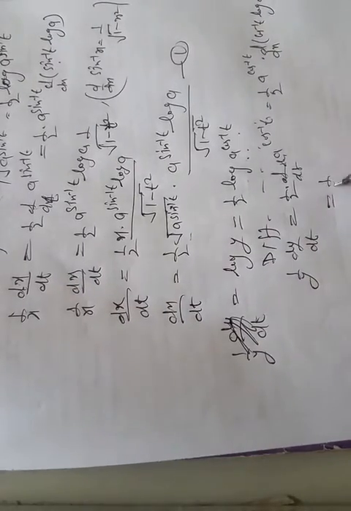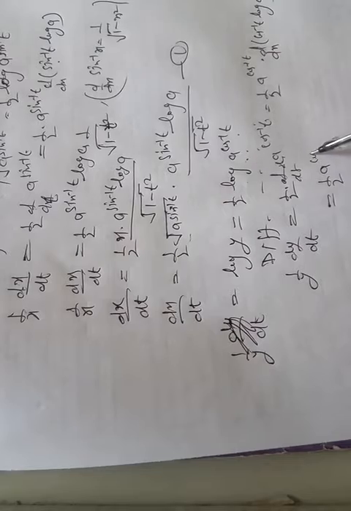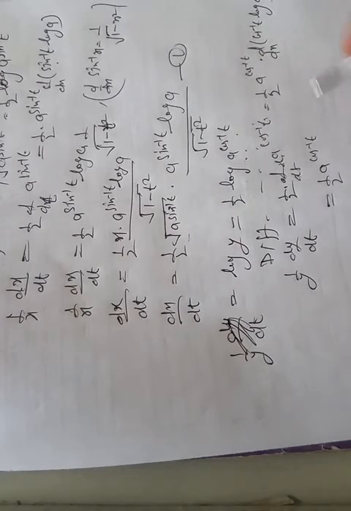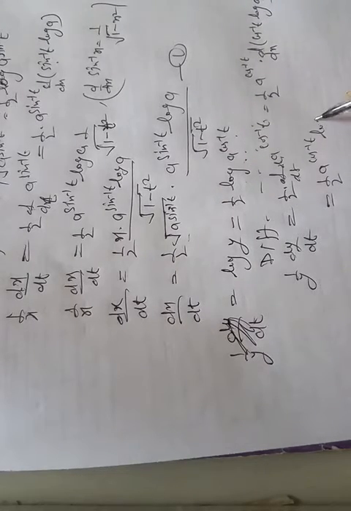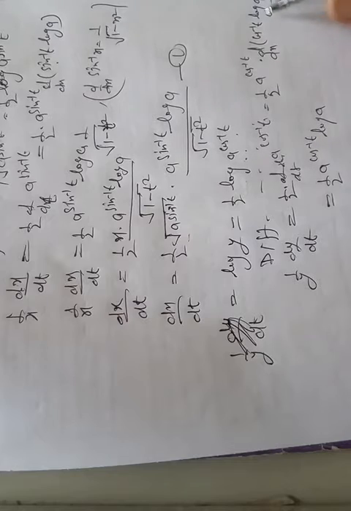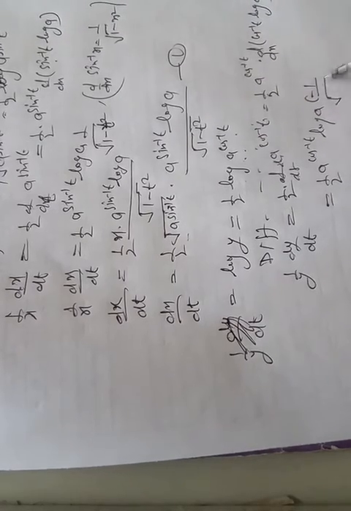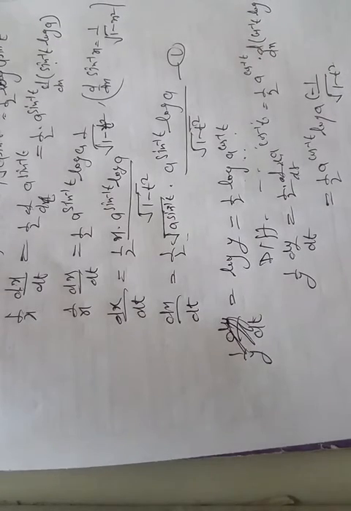So this way, 1/2 a raised to cos inverse t, this is log a, and this is minus 1 upon under root 1 minus t square.